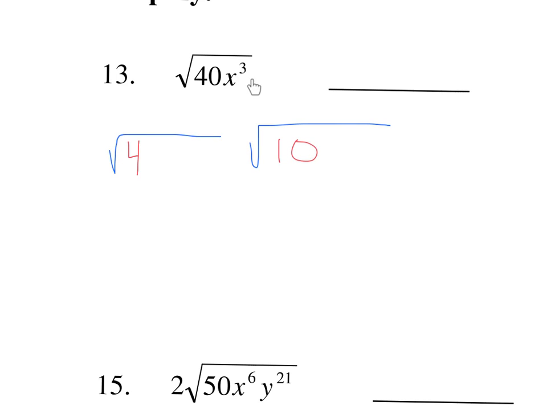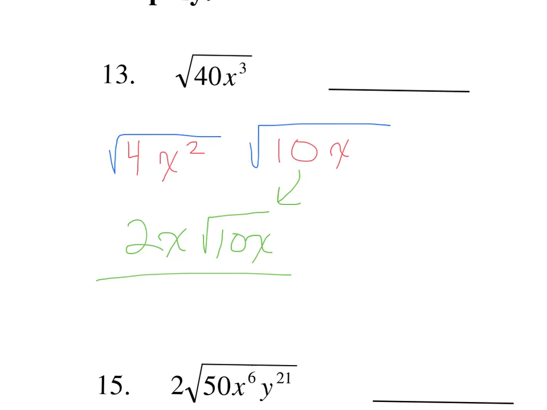And then we do x cubed. Well, this is an odd exponent, so we're going to break it apart to be x squared and 1 extra. Now we will take the square root of these perfects. The square root of 4 is 2. The square root of x squared is x. And these not perfects, they just come straight down.